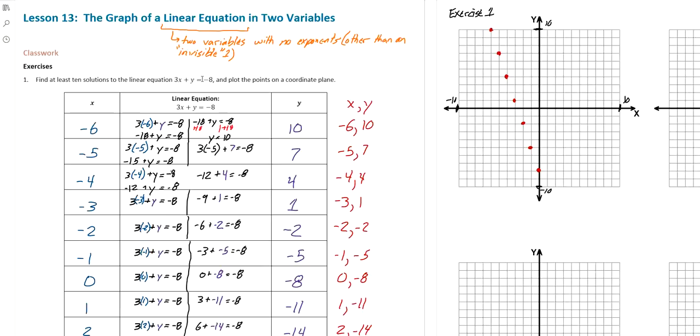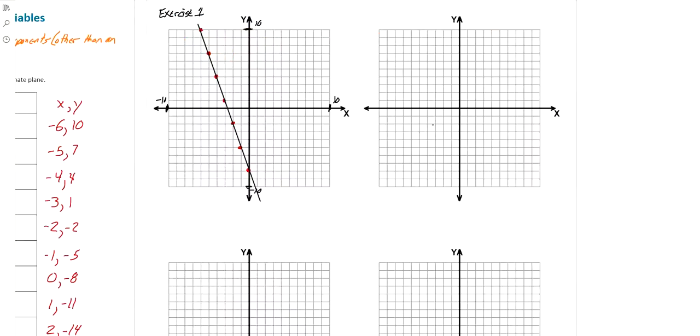Let's use a ruler and make it even more clear. So I used a ruler, I lined up the first point and the last point on my graph. I notice how all of my points are touching the line, they're all on the line.